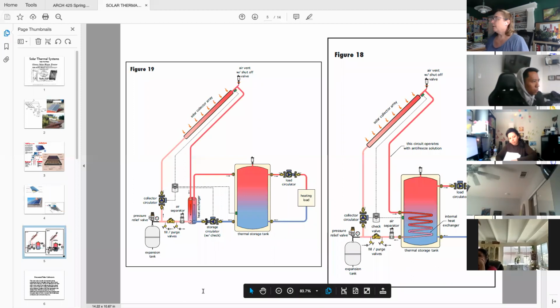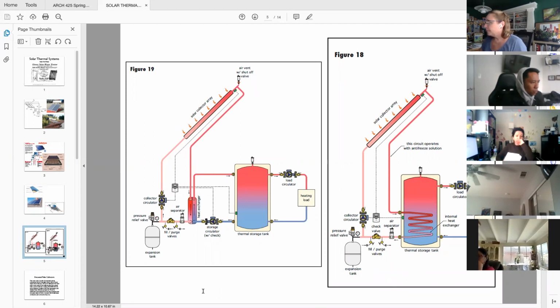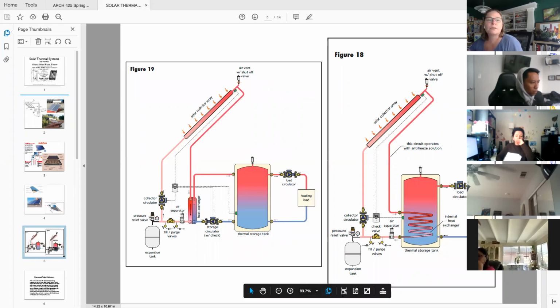These are a couple of schematics of different ways to plumb a solar thermal system. Both of these are storing that hot water in a tank. Let me get my little drawing pen.